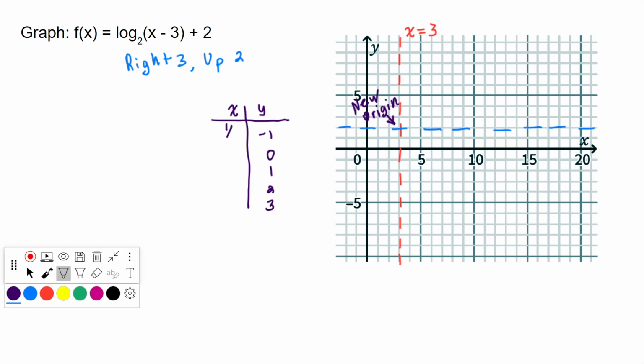So I'll have values of 1/2, 1, 2, 4, and 8. So from that new origin, right 1/2 unit will be down 1. From that origin, right a full unit stays at 0. From that origin, 2 units to the right is up 1. 4 units is up 2. And then 8 units is up 3. And this is the shape of our graph.